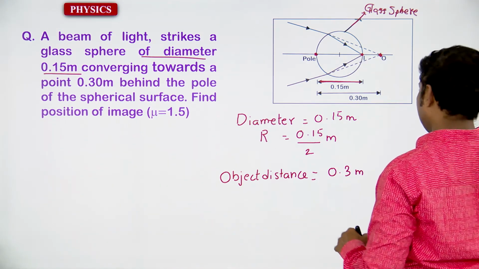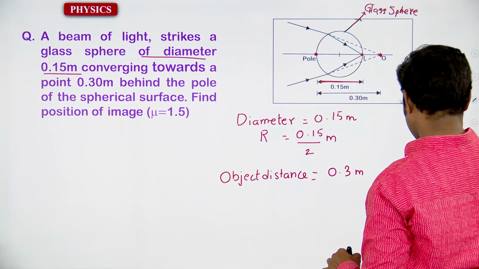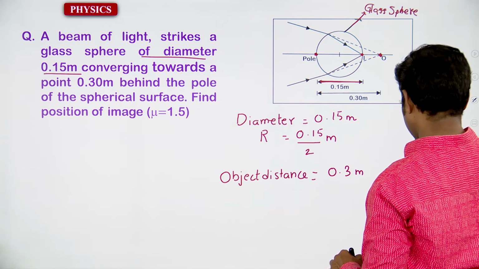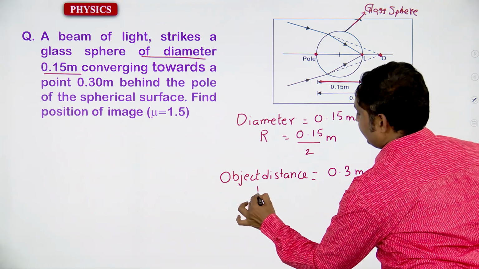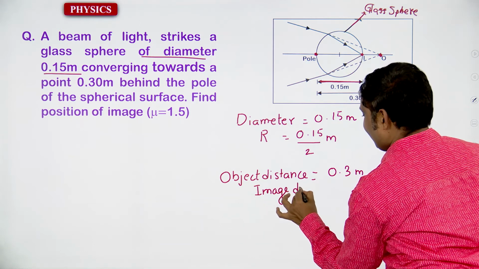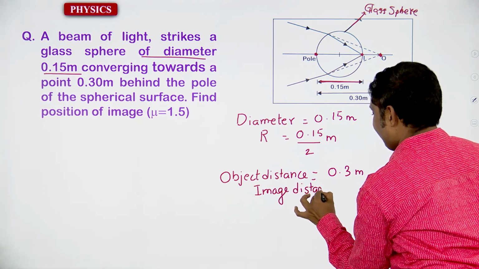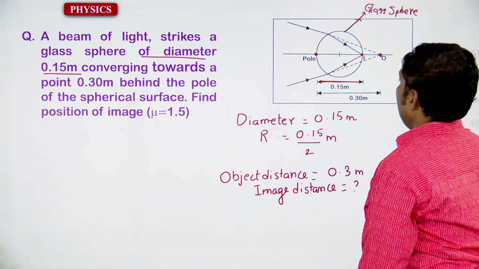It's very clear. Now the image distance v is the question mark.